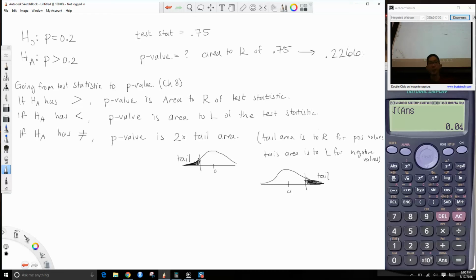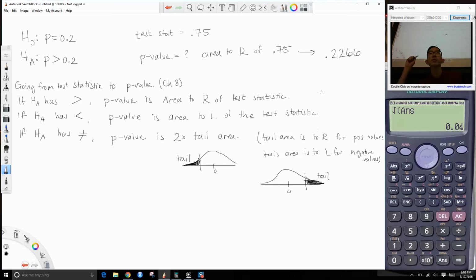Is that from the standard normal sheet? Yeah, that'll be coming from your normal table. You look it up in your normal table, and you find the area to the right of z equal to 0.75 is 0.2266.